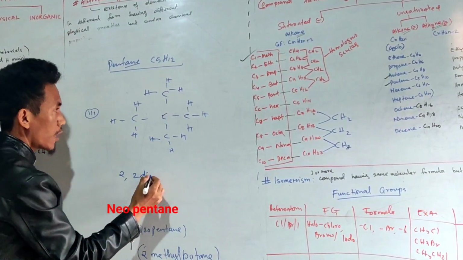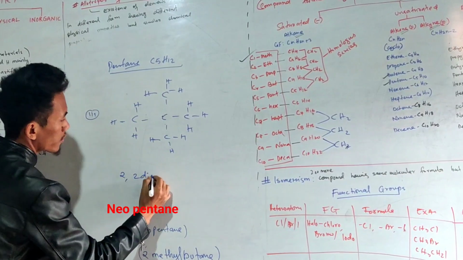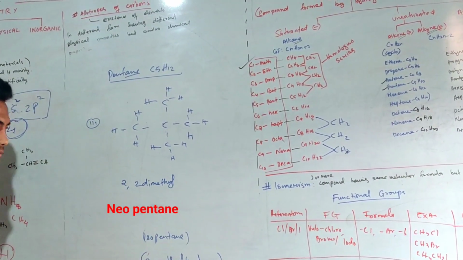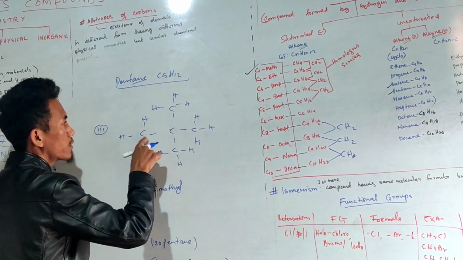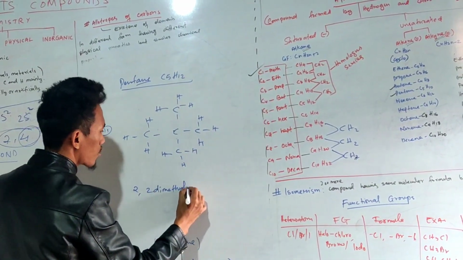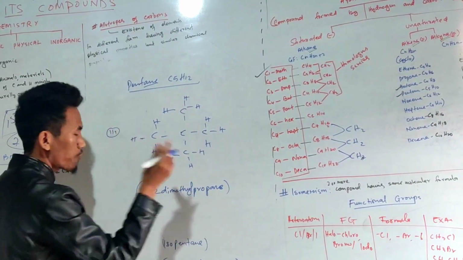When there are 2 branch chains, we call it dimethyl. How many carbon are there? 1, 2, 3 in the straight chain. Carbon number 3 means propane. 2,2-dimethyl propane. You have to follow in this way.